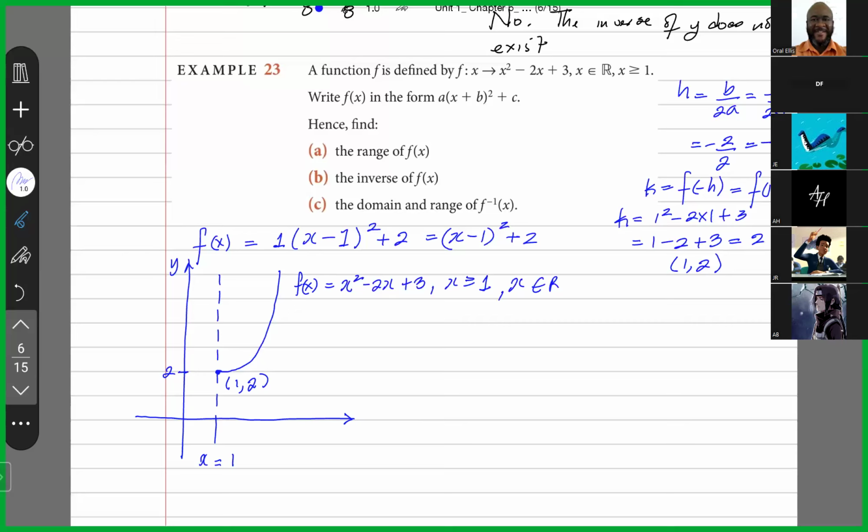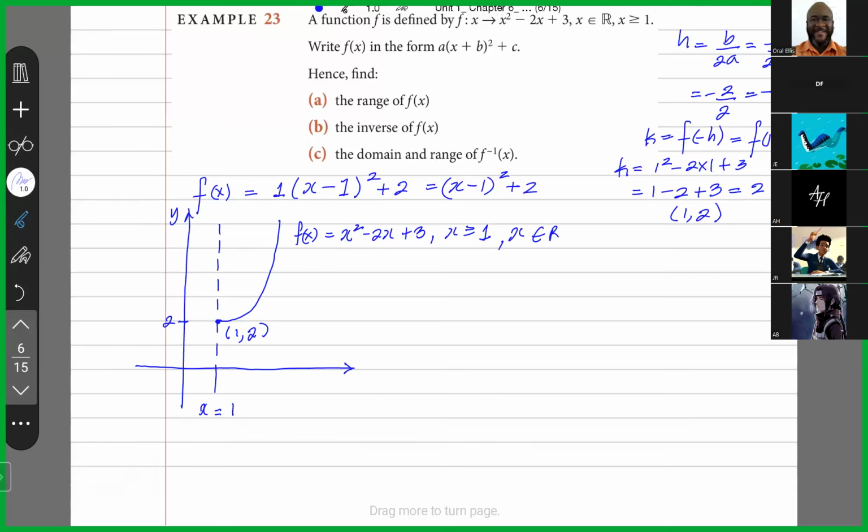We're asked for the range, so let's answer A. A, the range, values of y where the graph exists, is y is greater than or equal to 2, and the domain is x is greater than or equal to 1. Now this is important because when you find the inverse, the domain and the range are going to interchange.